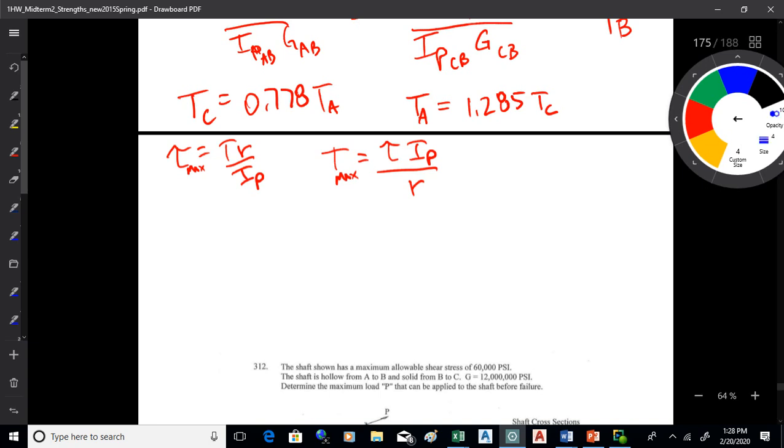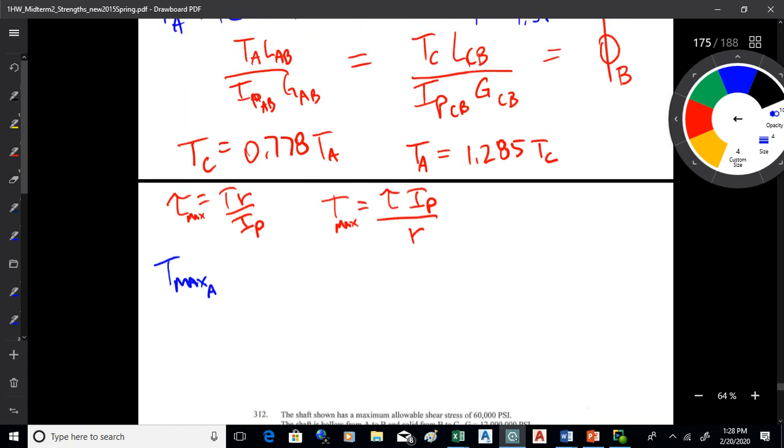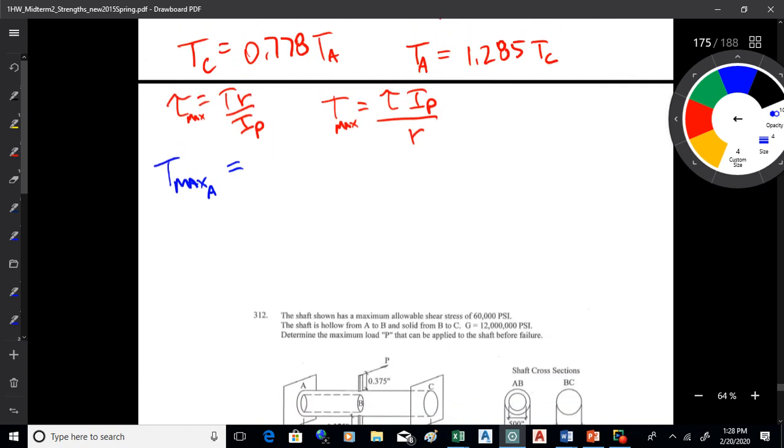Now I can find the maximum torsion at A by applying that formula, and that's going to get me 3989 pound inches. Then I can look at the maximum torsion on the other side, which is at C, applying that formula, and I'm going to get 4970.